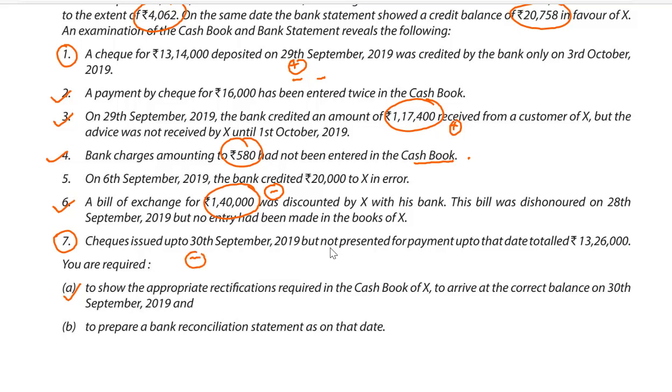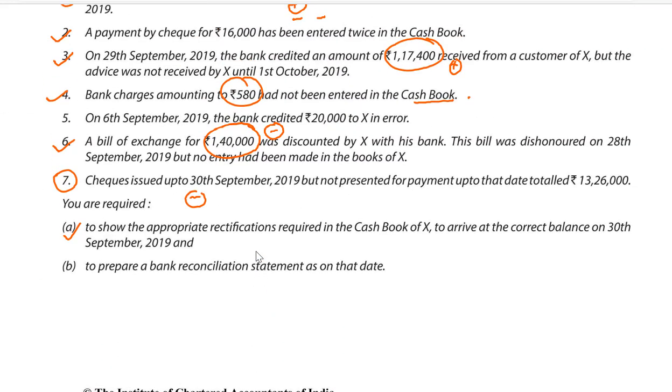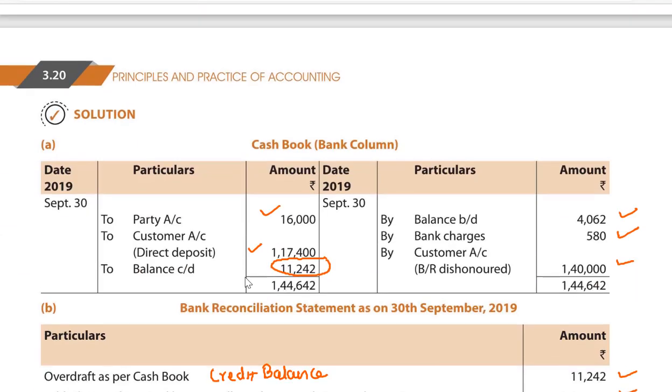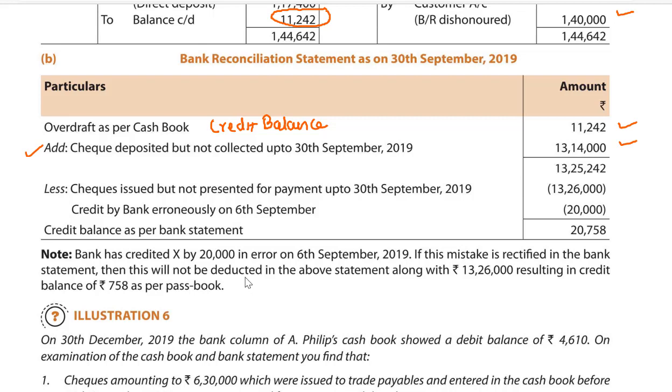Checks issued but not presented for payment, total 13,26,000. So over here, checks issued up to 30th September 2019 but not yet presented for payment up to that date, total 13,26,000, deducted in the cash book but not in the passbook. So checks issued but not presented for payment are 13,26,000.